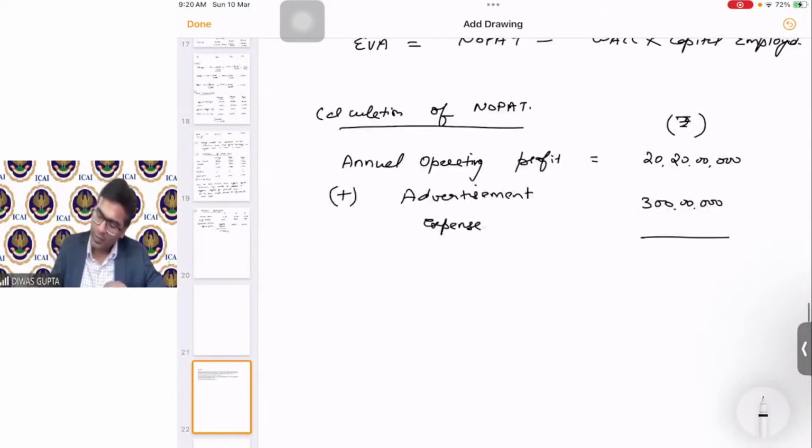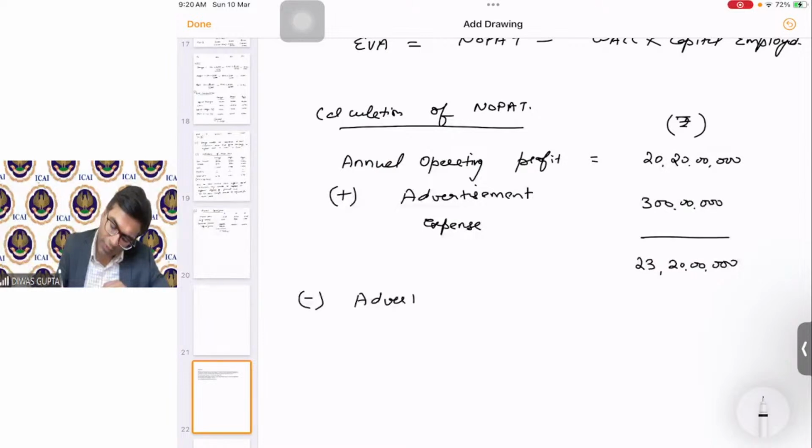So this becomes 23 crore 20 lakhs, minus the advertisement expense for 1 year, which should be reduced from this. So minus 1 crore.